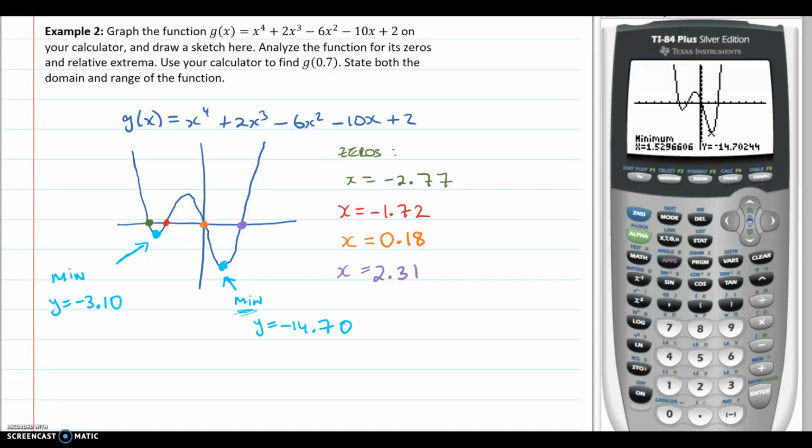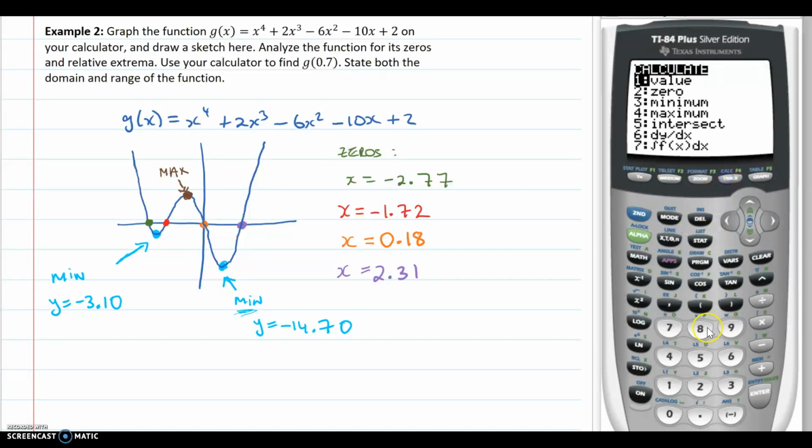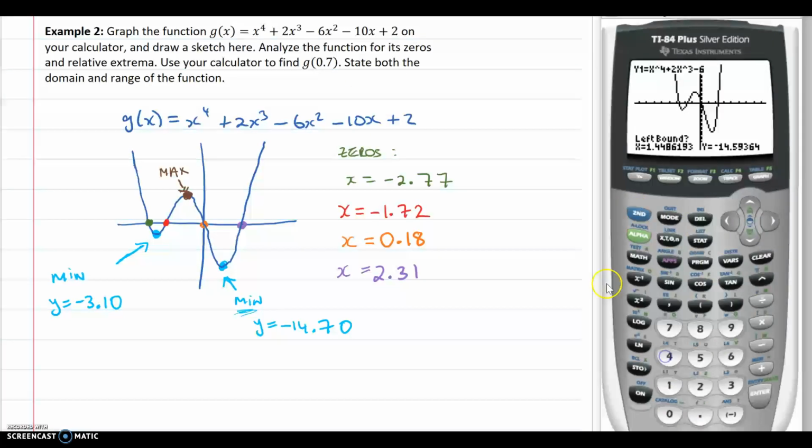We also had to find the maximum. Okay, don't forget to do that one as well. So the maximum is here. Okay, so this is the maximum, and extrema relates to both minima and maxima. So we're going to look for the maximum, so it's going to be second calc and 4 for maximum.